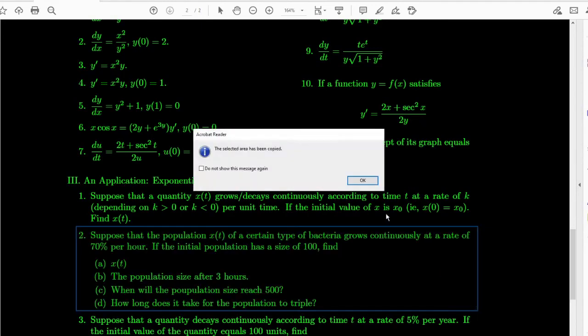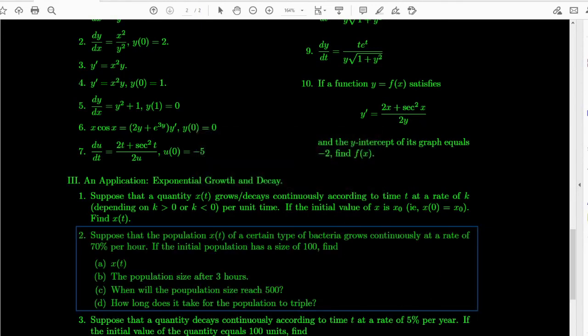Questions B, C, and D are designed to better understand the meaning of the function. We'll keep on working.